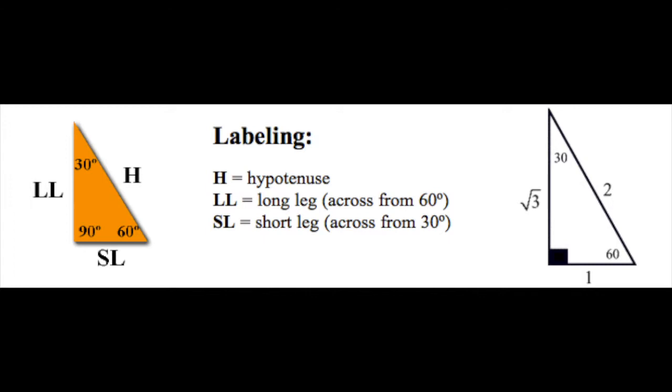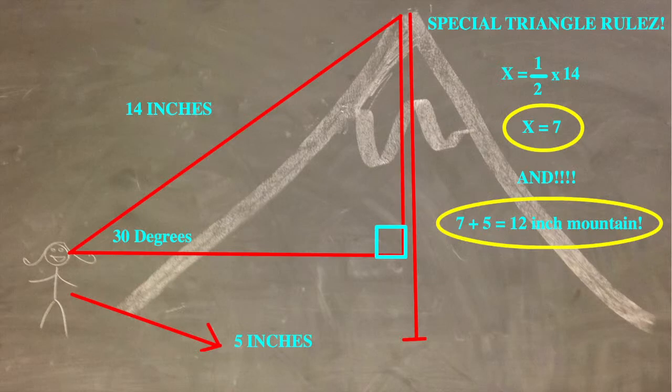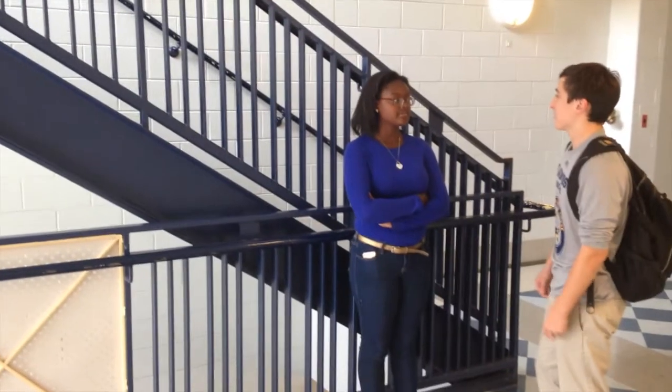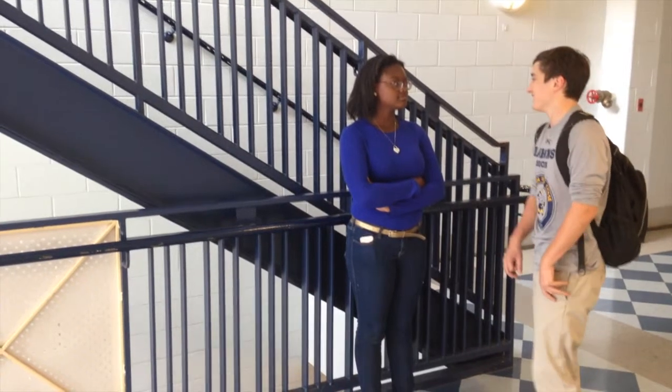When we have a 30, 60, 90 triangle, we can see that our short leg and hypotenuse are almost double the value of the initial. So, our 14-inch hypotenuse is going to be double the length of our initial height, which would make it 7. But since we know that our stick figure is 5 inches tall, we have to add that on to our value and get 12. Does that solve your question, Anna? You're welcome, Anna.